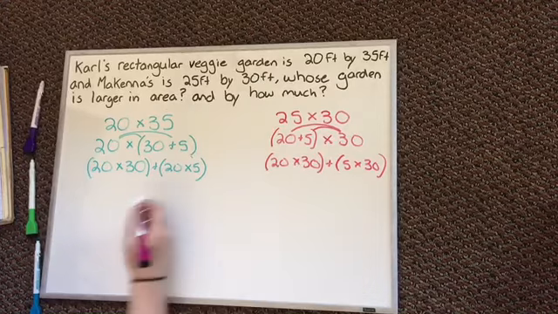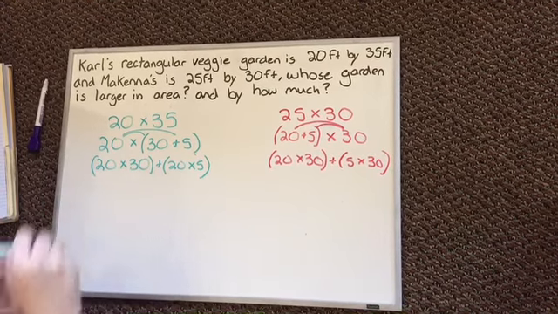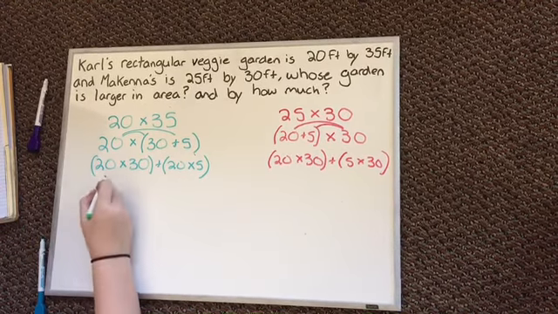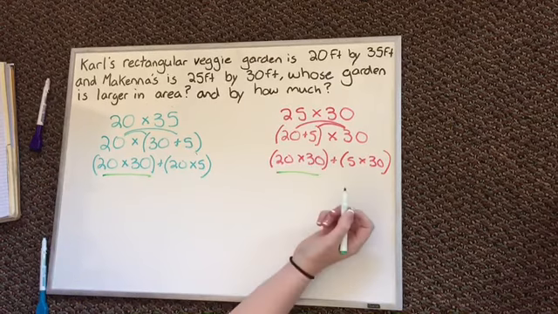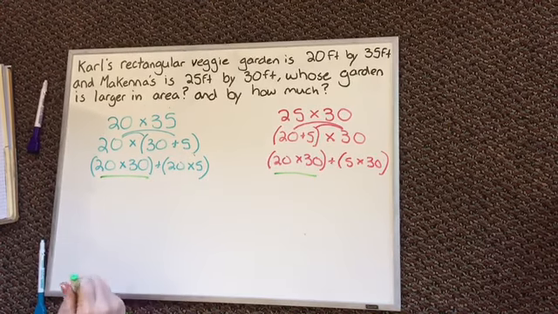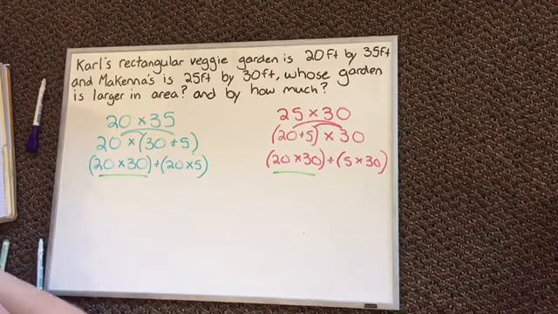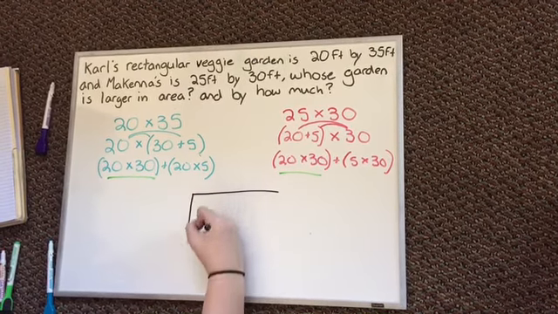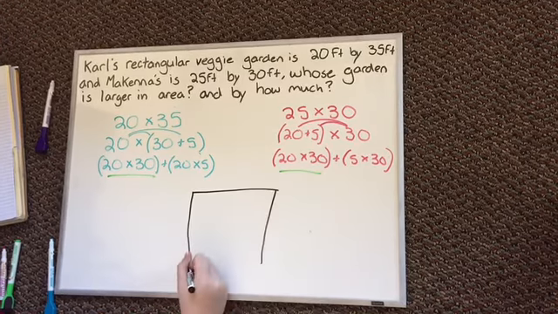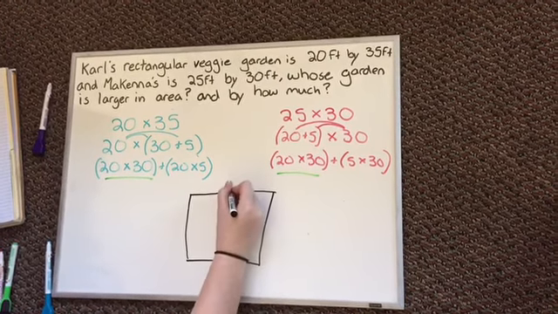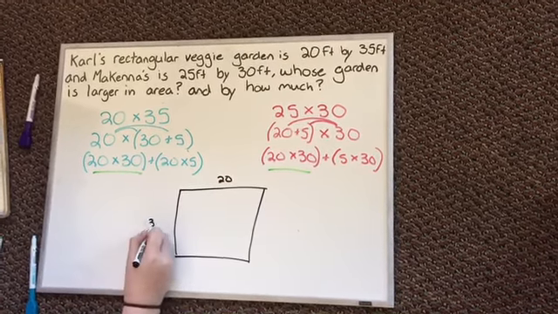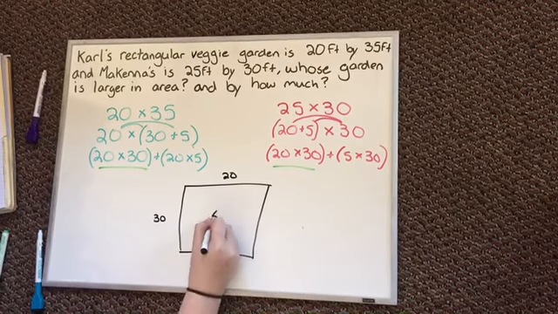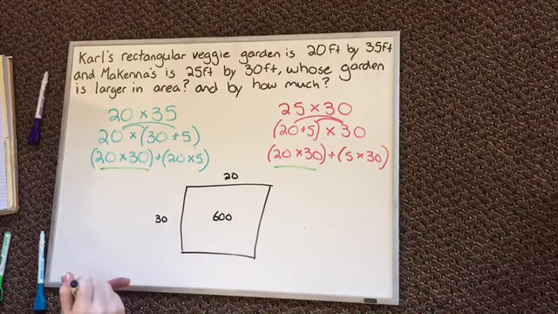Now, if you look at these, we have a similarity. They both have 20 times 30. So we found earlier that that was 600. So I'm going to draw this 20 by 30. So we have 20 up here and 30 here, and we know that that is 600. So they both have that in common.